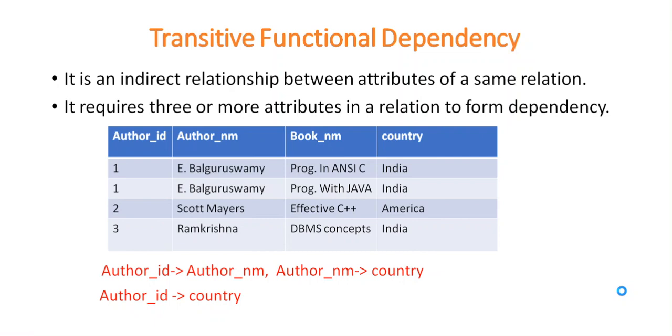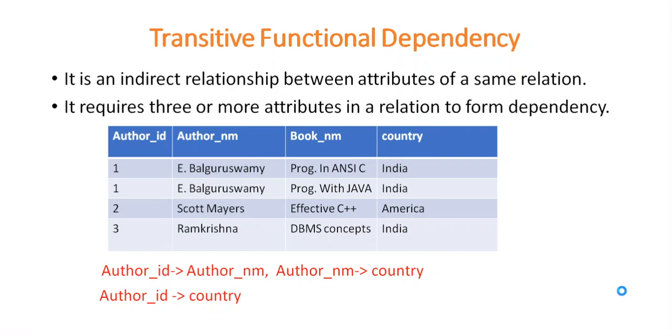So if author ID is determining author name and author name is determining country, then indirectly author ID is determining country. This is also true. So this is called transitive functional dependency. It is simple: if X is determining Y and Y is determining Z, then X is determining Z. Again remember, not every relation satisfies all functional dependencies.